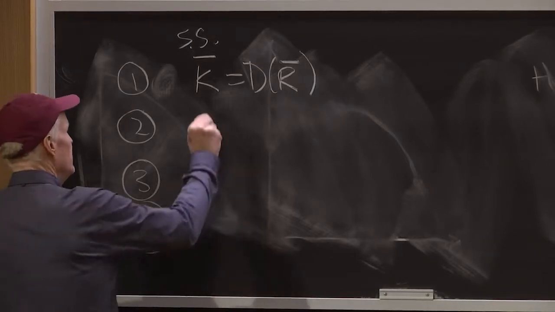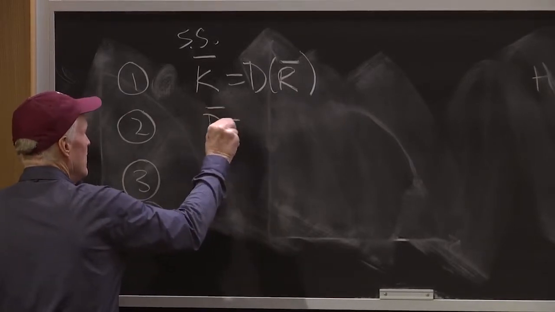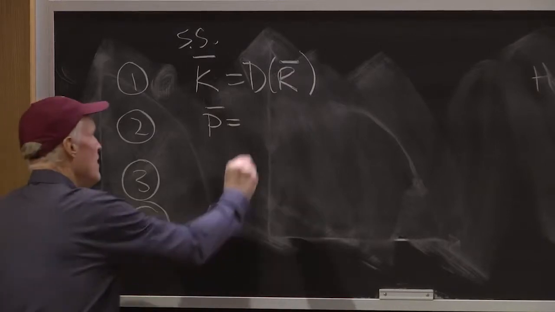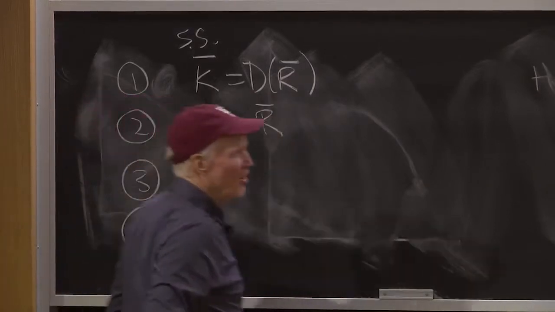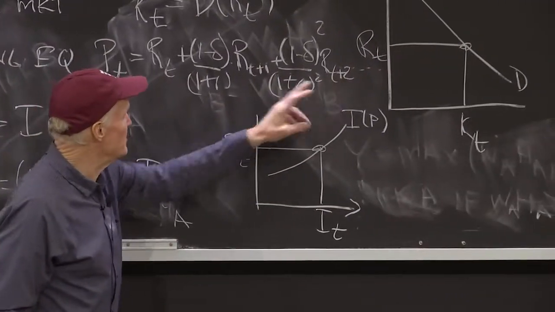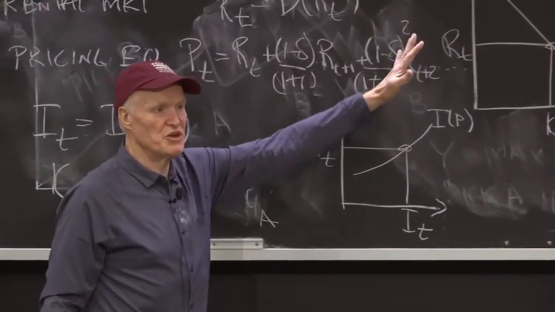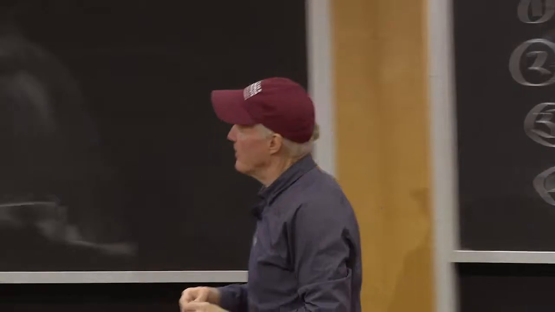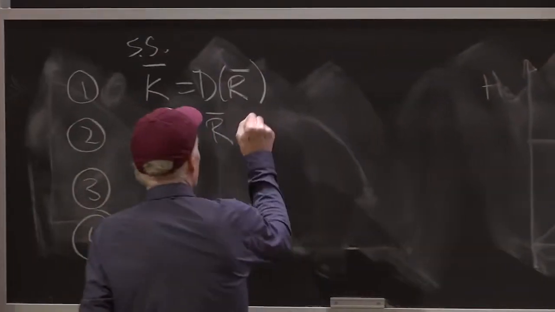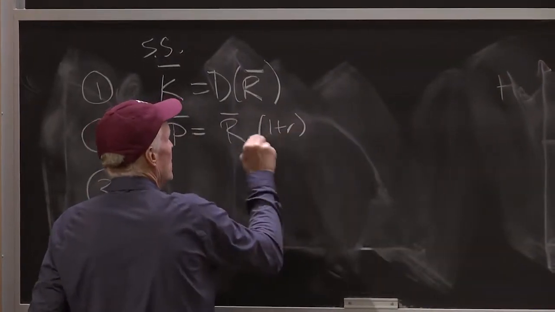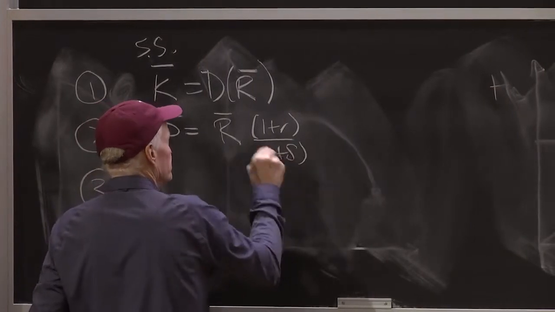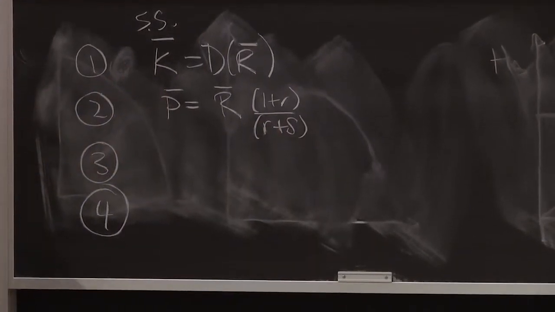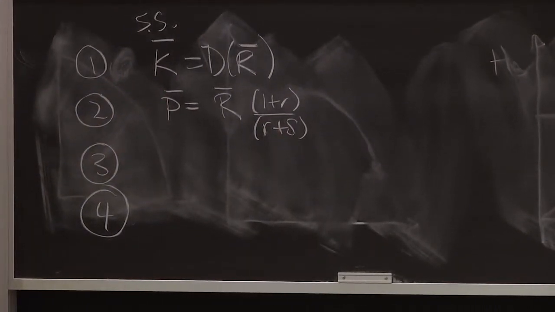The other one is P bar equals R bar. Remember, if R is constant, then I can factor R out of this equation and then just sum this geometric series, right? So the sum of that geometric series is 1 plus R over R plus delta. That's just the sum of that geometric series, okay?